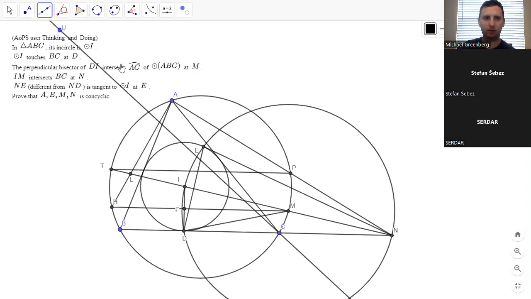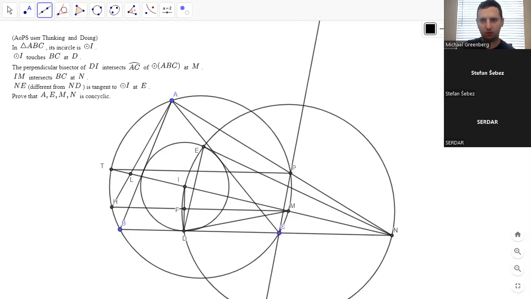Maybe we can do something with root BC inversion. Root BC inversion, maybe. Okay, since N should then invert to T.